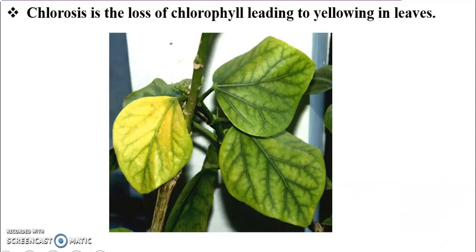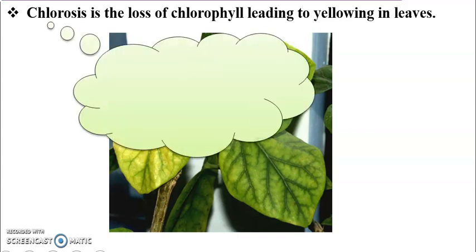When we talk about chlorosis, it literally means yellowing of the leaf. You can see in this diagram where one leaf is completely becoming yellow in comparison with the other leaf which is green in color. Now this is due to the loss of chlorophyll. Chlorophyll is the pigment that gives plants the green coloration. So without chlorophyll, they lose their green color and become yellow.